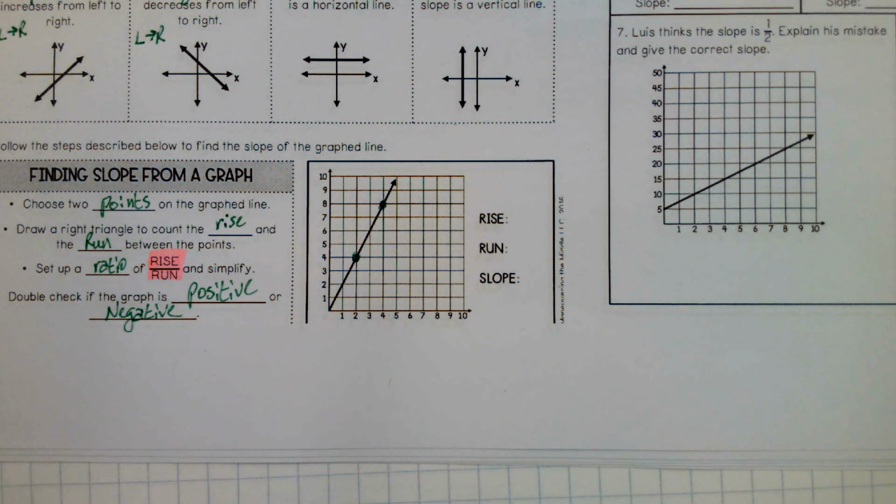And here's what you want to do. My recommendation. Once you decided on 2 points, pick the point furthest to the left. Furthest to the left. So that's this one. 2, 4. And then we want to figure out the rise and the run. So let's do that. Rise and run.